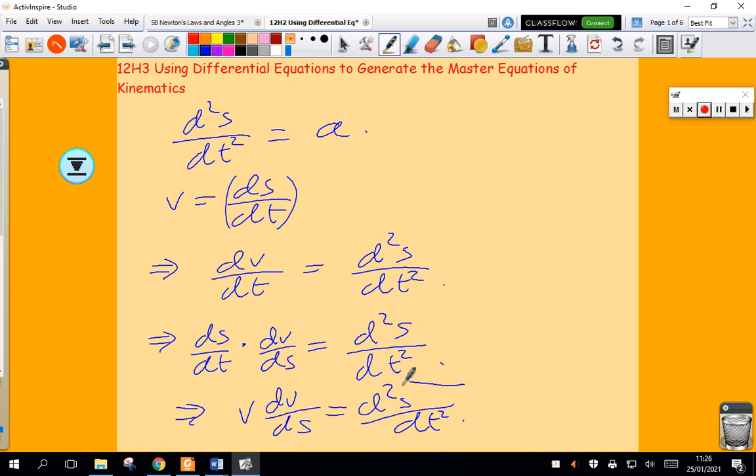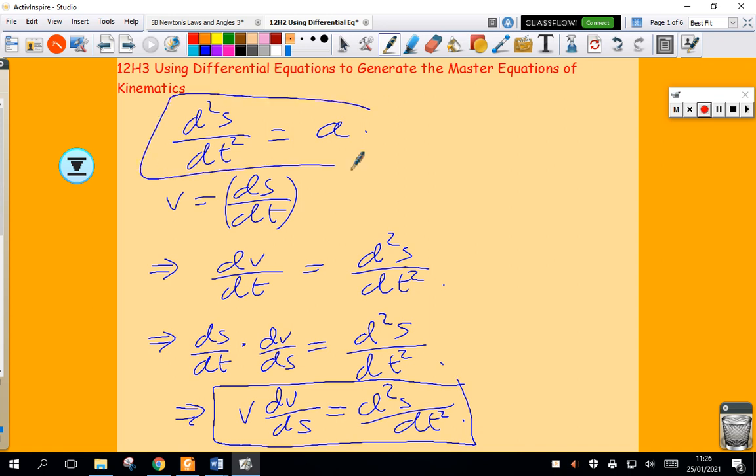So I can use this substitution to help me solve this equation. So that's what we're going to do.